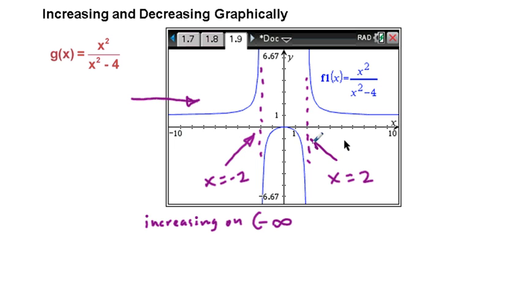Those are two vertical asymptotes, two values of discontinuity. We'll talk about asymptotes later.